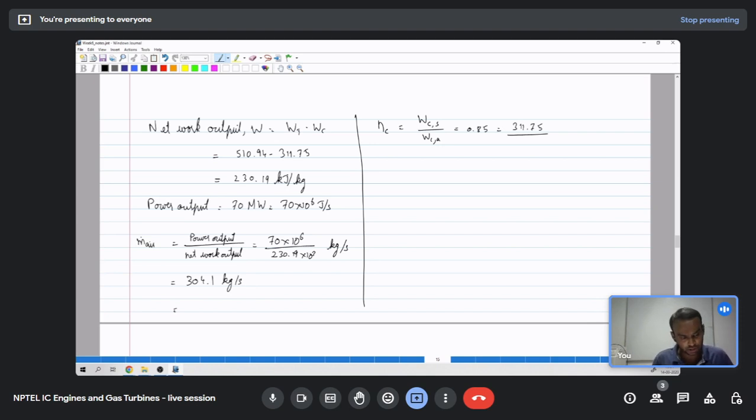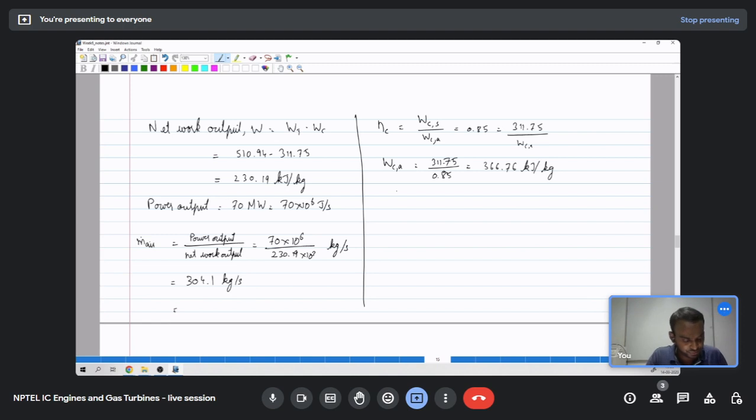Now we have actual compression work. This is 311.75 divided by 0.85. So that is 366.76 kilojoule per kg.